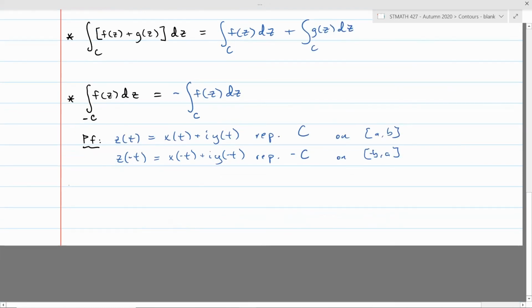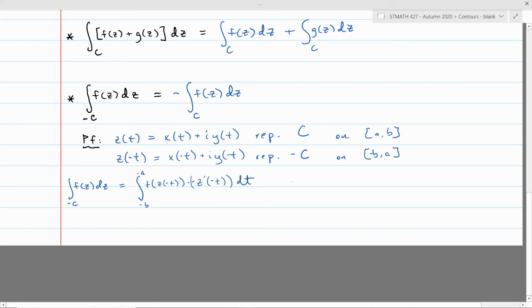And so if you do the integral along negative C of f, that's going to be the integral from negative b to negative a, f of z of negative t. And then your dz, when you take the derivative of z of negative t, you pick up a negative. You'll get negative z prime of negative t dt.